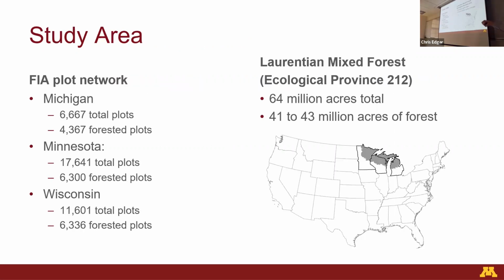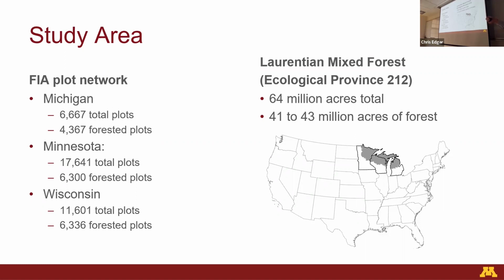For the study area, I broadened it out to the Laurentian Mixed Forest, thinking broadly about the northern upper Great Lakes area. The FIA plot network is very extensive up here. In fact, Minnesota, as many of you know, doubles the intensity of the sample, so it's really good on a 5-year cycle. Michigan and Wisconsin too.